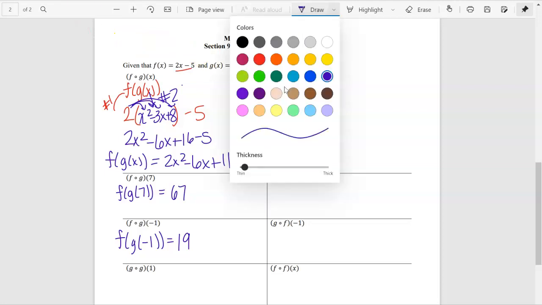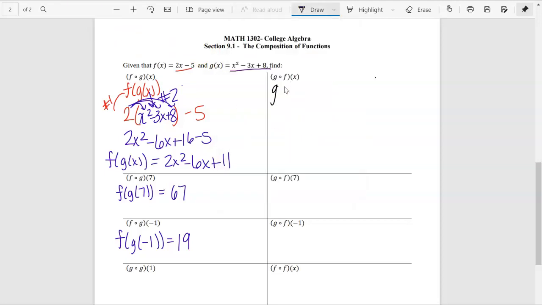Okay, now this problem says g of f of x. So g is x squared minus 3x plus 8. And wherever we see an x, remember that we're going to put a blank, and you want to put a pretty big blank because you know you're plugging in a whole function in there.